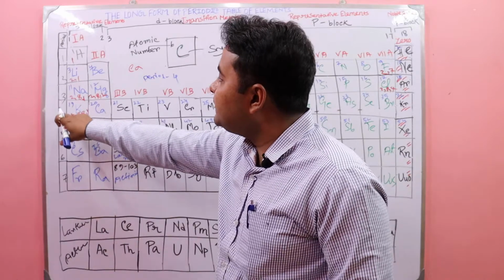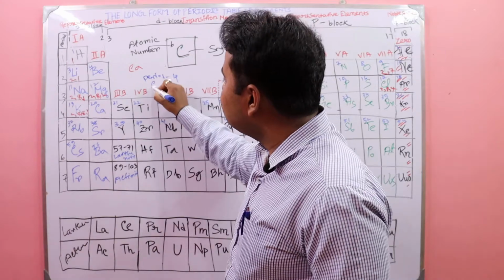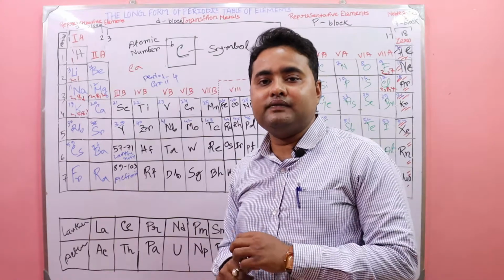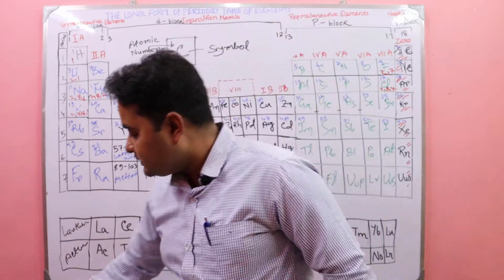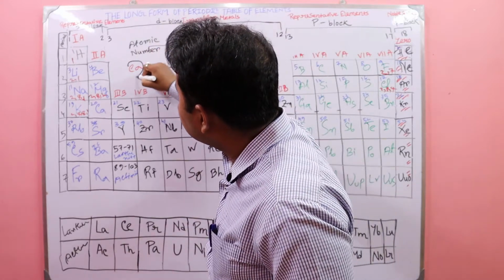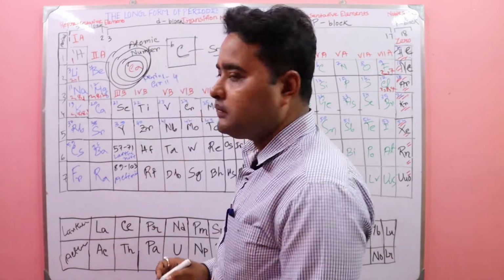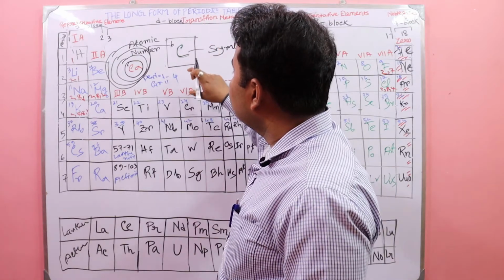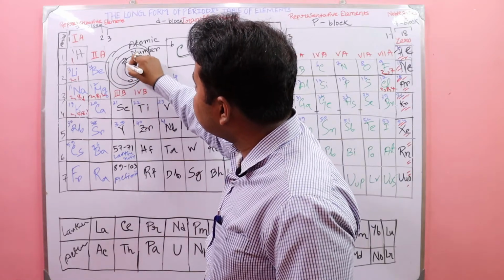Calcium is in period 4, and the group is 2. That means calcium has 4 shells. You can track it that way. Here the number of shells is 4, so you can place them like this.